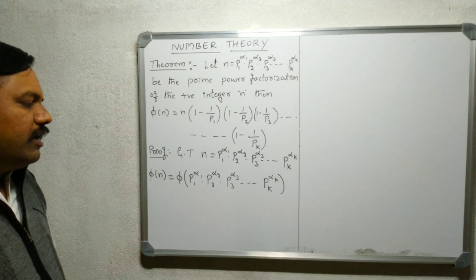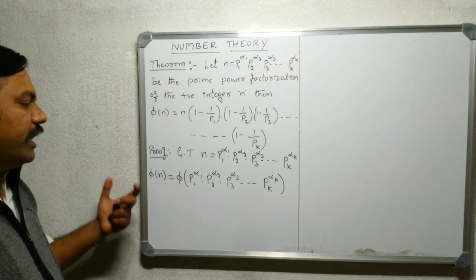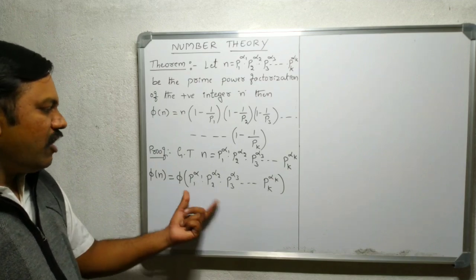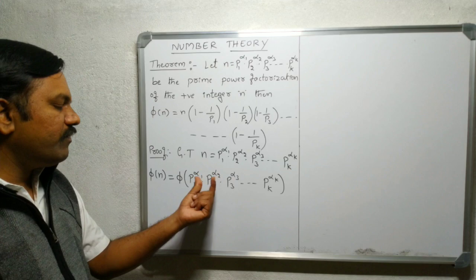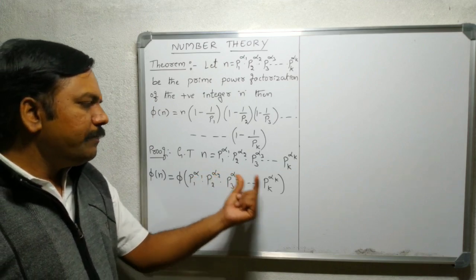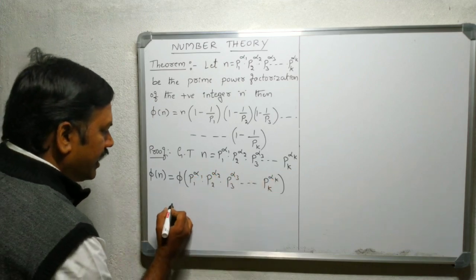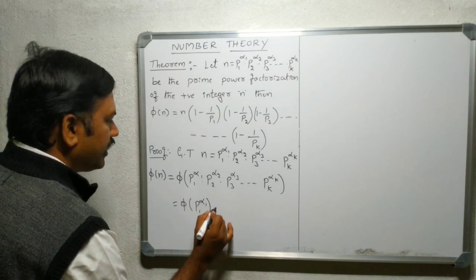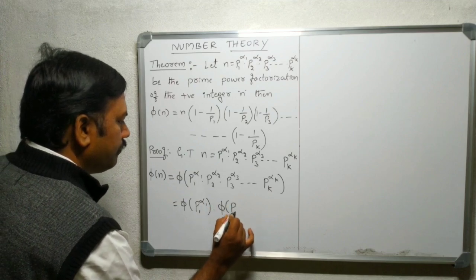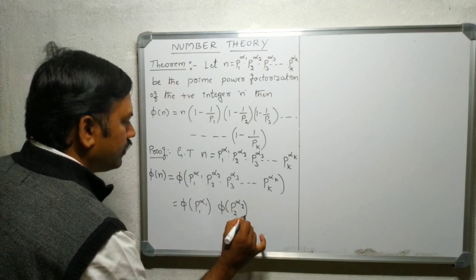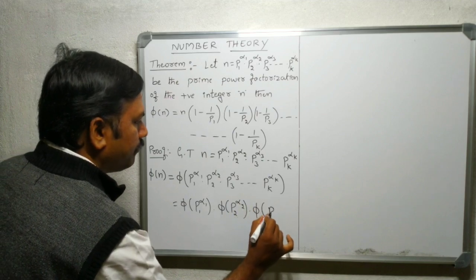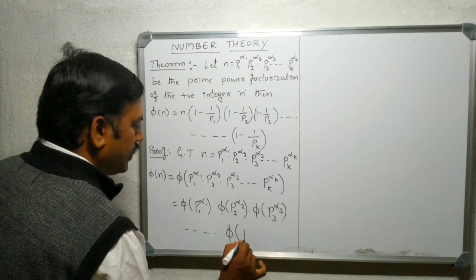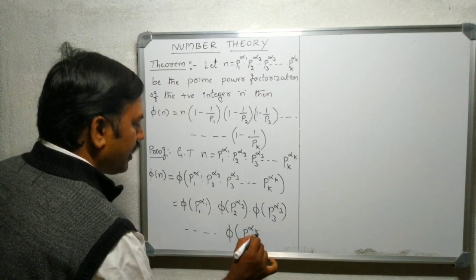So based on that, if phi is a multiplicative function and n is a prime factorization of a positive integer, then phi of p1 to the power of alpha 1 into p2 to the power of alpha 2 into p3 to the power of alpha 3, so on pk to the power of alpha k can be written as phi of p1 to the power of alpha 1 into phi of p2 to the power of alpha 2 into phi of p3 to the power of alpha 3, so on phi of pk to the power of alpha k.